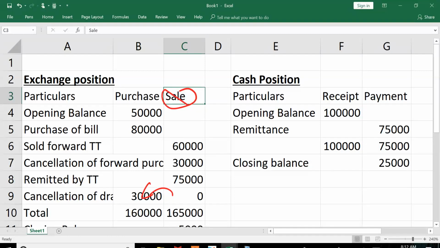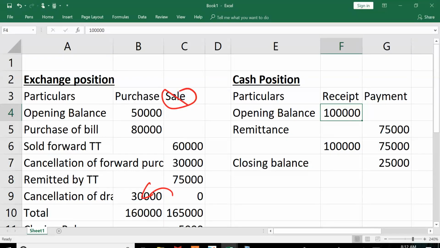It's a raw material. You either purchase or sell your raw material. After you purchase or sell your raw material, you will receive the raw material, or you have to issue the raw material, something of that sort. Receipt and payment, purchase and sale. Now I had an opening balance of 50,000 overbought, opening balance of 1 lakh.